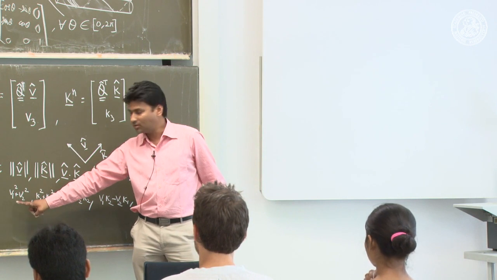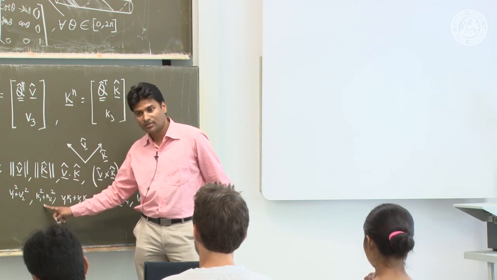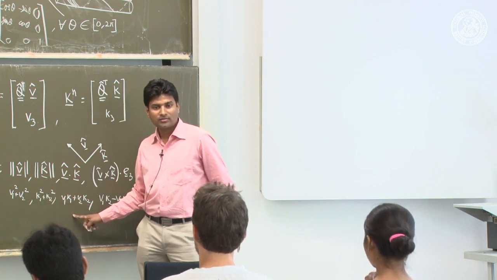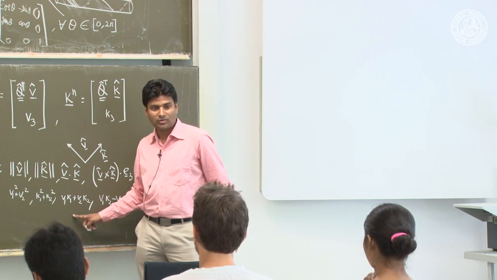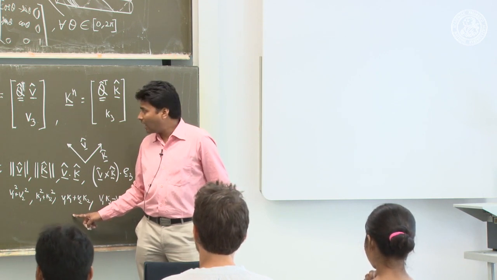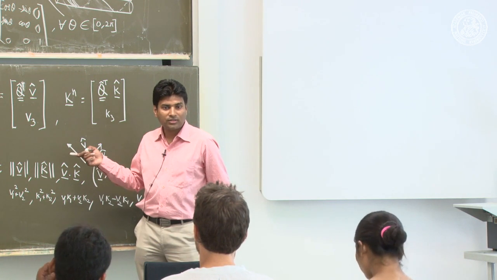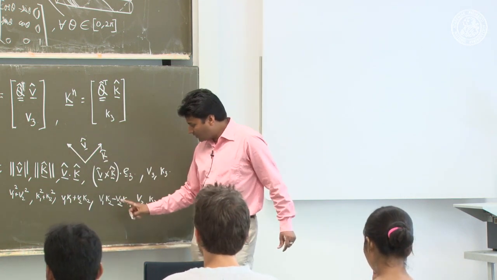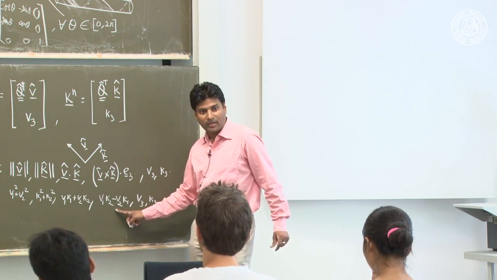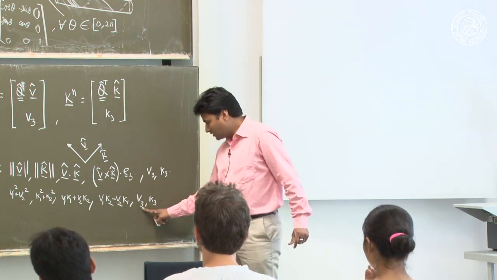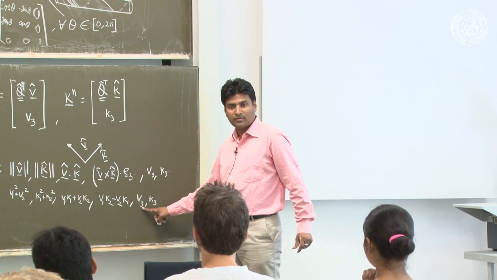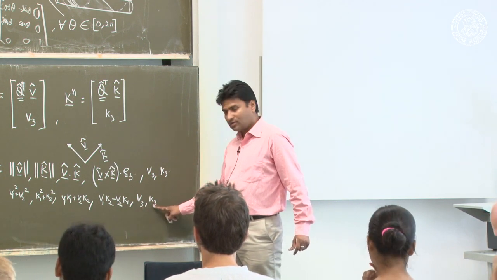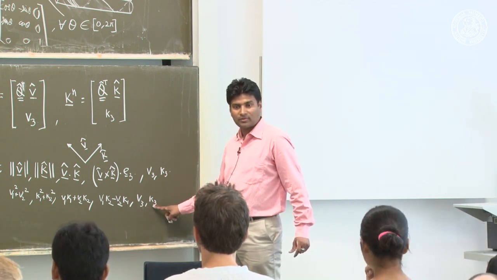Magnitude won't change. This one changes, this one changes. Dot product, that's also not going to change. The angle cos theta will be the same. This is going to become negative. That's also going to become negative. K3 becomes negative of K3.